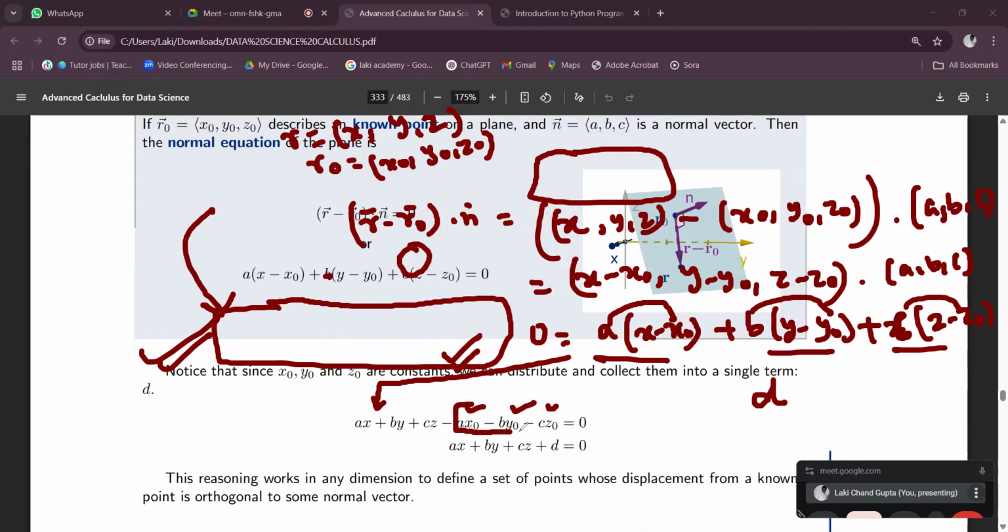This is a constant, and the constant is represented by a new constant D. So this is the general equation for the equation of the normal.